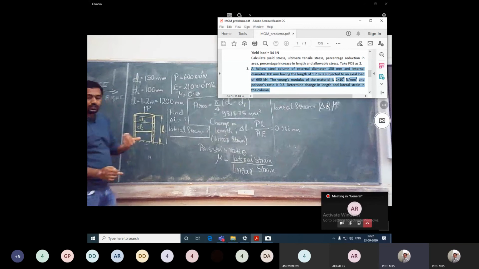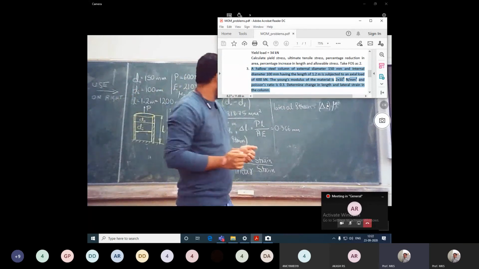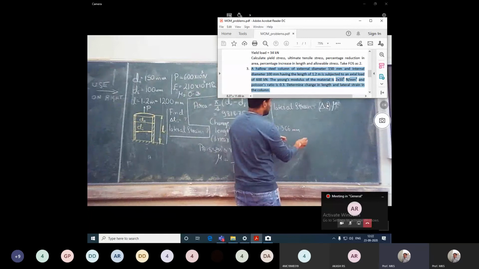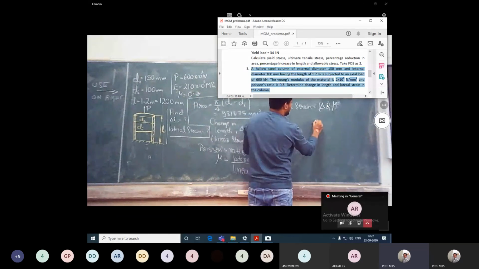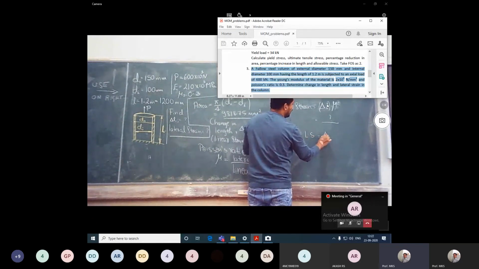They may also ask you to find the change in diameter or decrease in diameter. If that is asked, after finding this lateral strain value, the lateral strain will be equal to the change in diameter, that is delta D, divided by the initial diameter. Basically we take the outer diameter D naught.